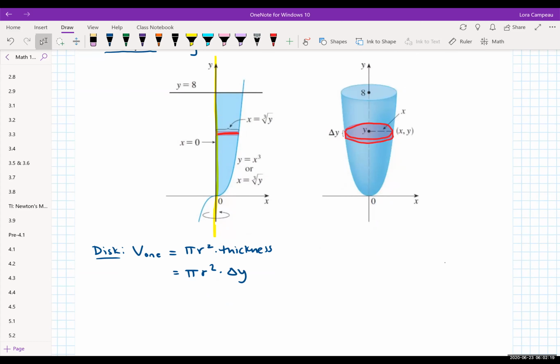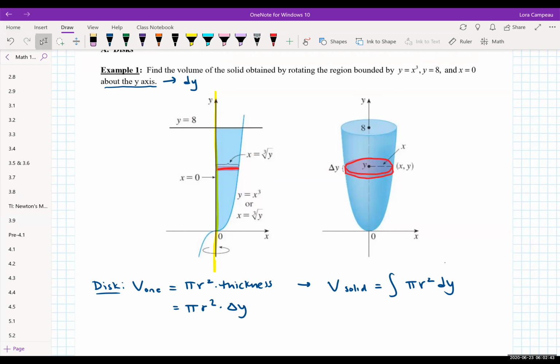The goal would be to understand that when we take the volume of the solid, we do have an integral. We are looking at pi r squared times thickness, and instead of writing delta y, it's dy. That gives us a justification of what our y values should be on the limits of integration.